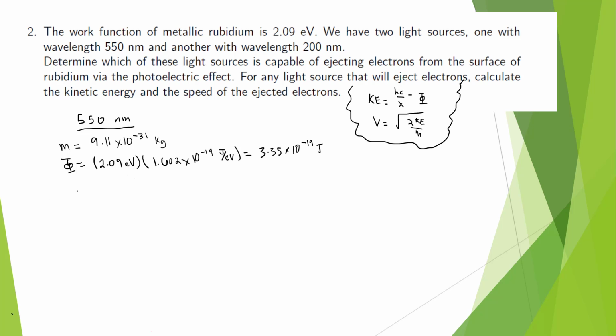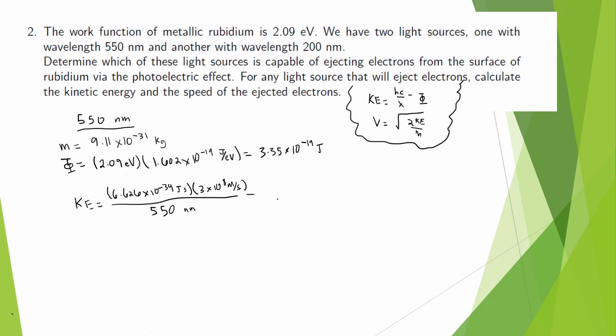Okay, so we're going to solve for kinetic energy. Kinetic energy is equal to Planck's constant, 6.626 times 10 to the negative 34 joule seconds, times the speed of light, which is 3 times 10 to the 8 meters per second, divided by the wavelength we are looking at, 550 nanometers, minus the work function, which is the same for all wavelengths of light coming off the metallic rubidium.